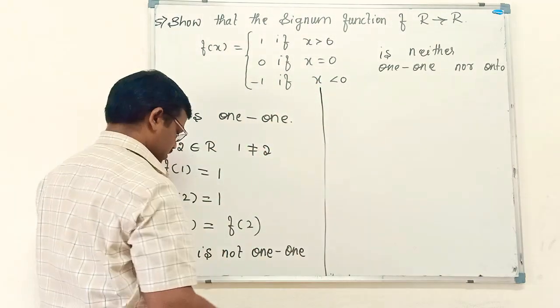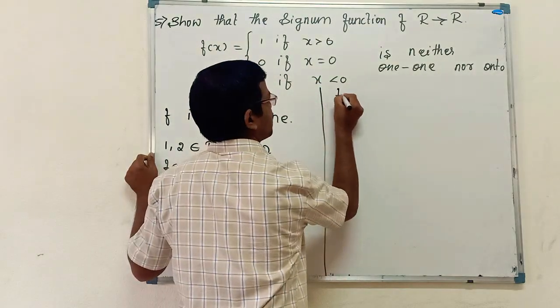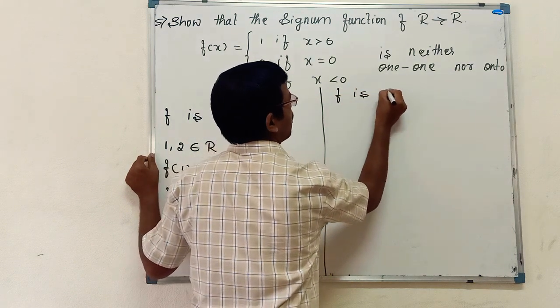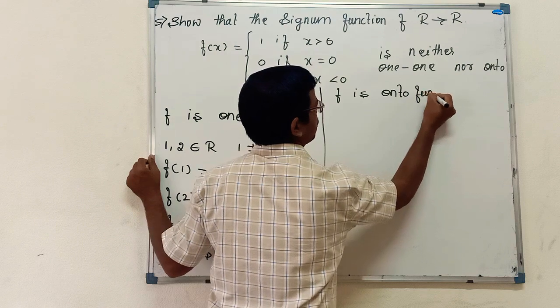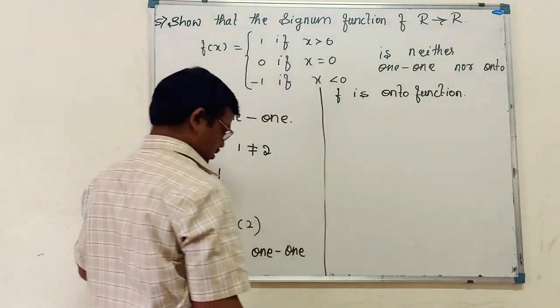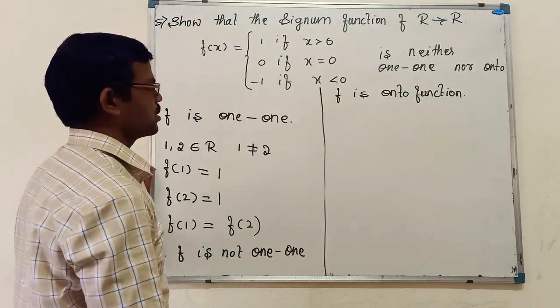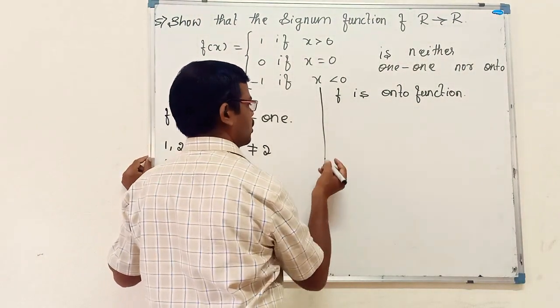Next we come to the onto function. F is onto means, let us identify how it becomes onto.